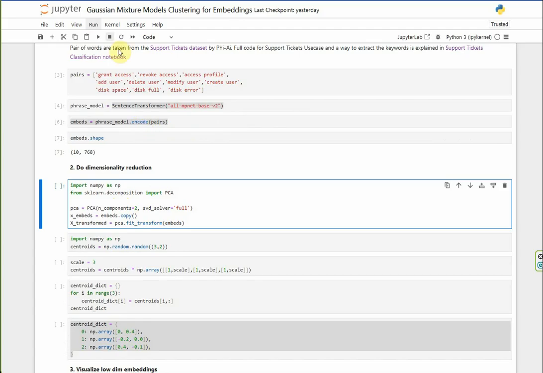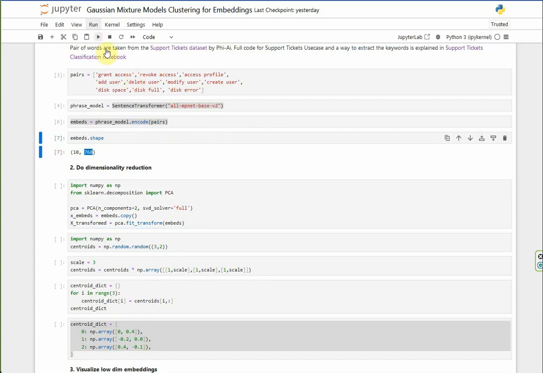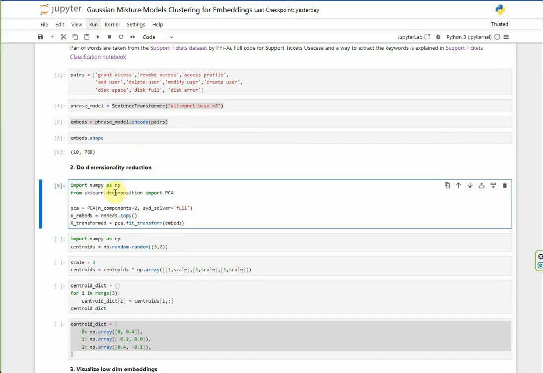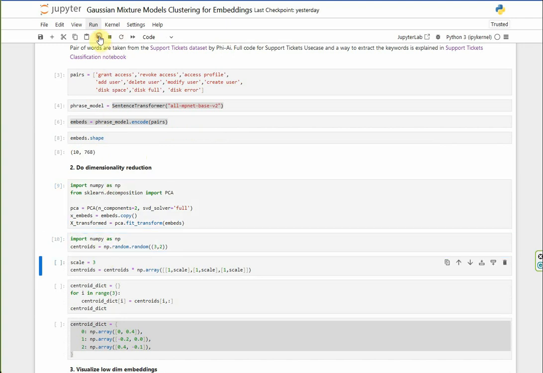The next step is to apply dimensionality reduction, and we will shrink these 768 dimensions into 2 dimensions. This will help us with visualization of our data. In real scenarios, for enterprise analytics, you can use all 768 dimensions. However, for the purpose of this lecture, we will stay in 2-dimensional space. We will also create our centroids.